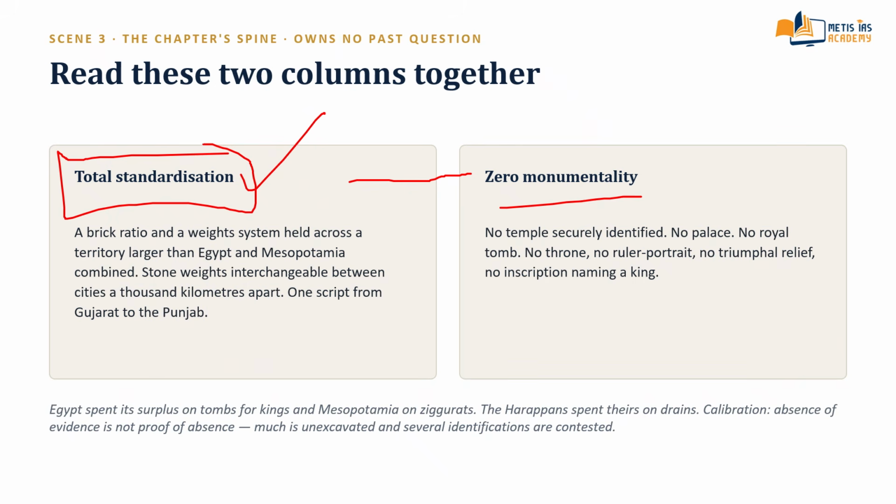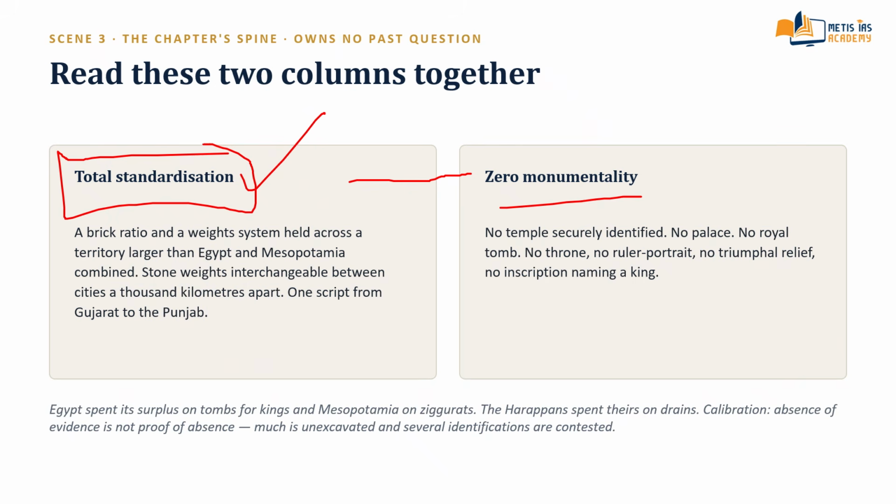But the Harappans spent theirs on drains. Whatever authority coordinated brick sizes across a million square kilometers did not commemorate itself, and that looks like a choice rather than an absence of capability. A civilization that could waterproof a tank with bitumen could certainly have carved a king.